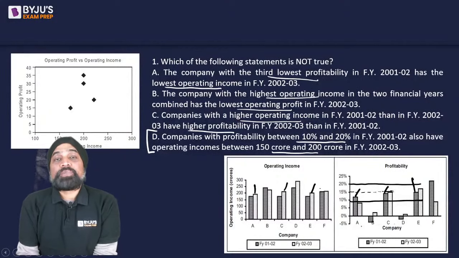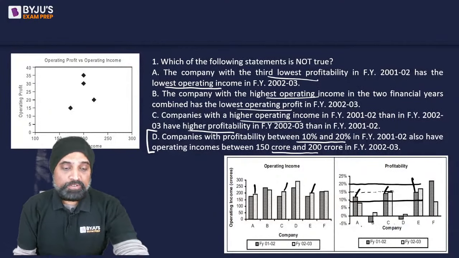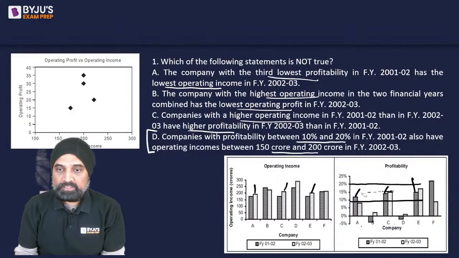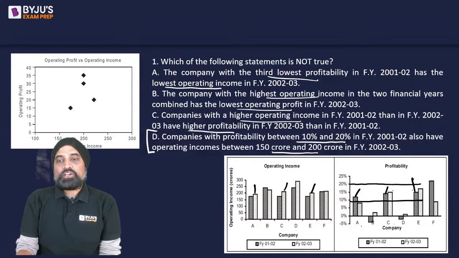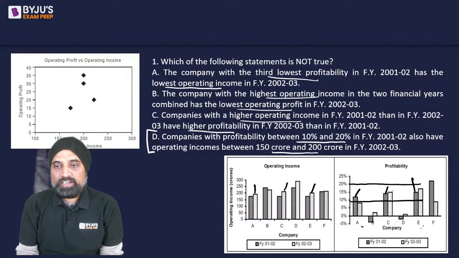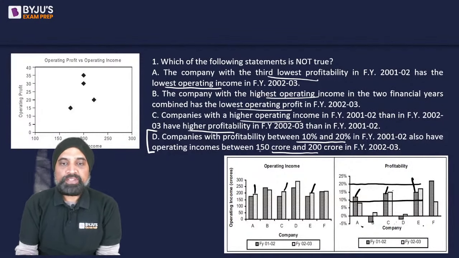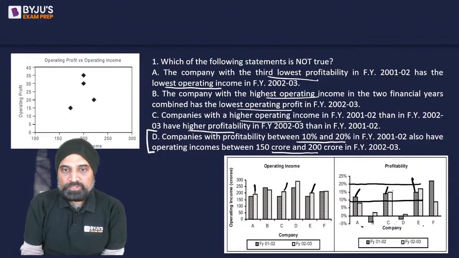So there are 3 companies. I took it as 15%. I don't know whether you took it as 15. It should be 10 and 20, right? So there are 3 companies, Alpha, Charlie, and Echo, that lie between 10% and 20% profitability. And their operating incomes should be between 150 crores and 200 crores.